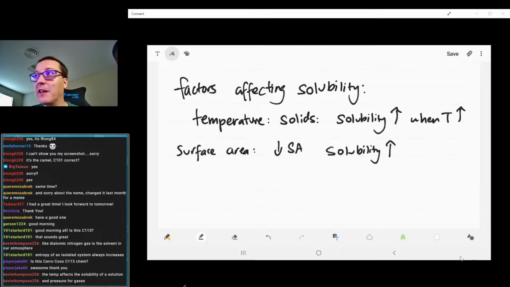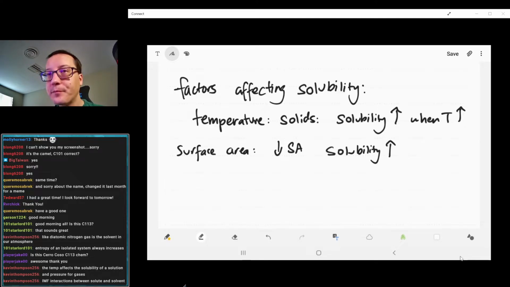Powdered sugar would dissolve instantly, pretty much, because the particles are so small, the surface area is so much bigger, the water can just swipe in and grab those sugar crystals and start dissolving them. Yep, you're going to have more interactions that way, exactly.